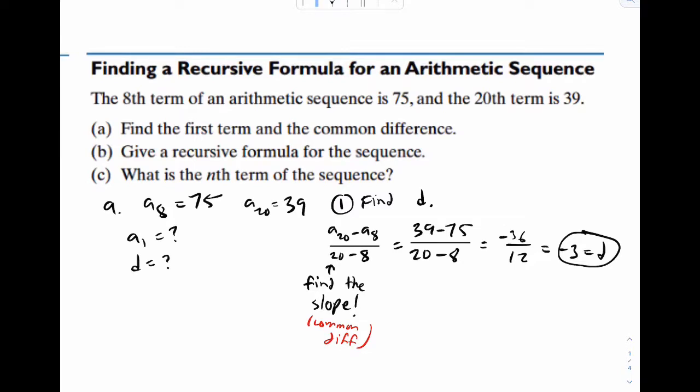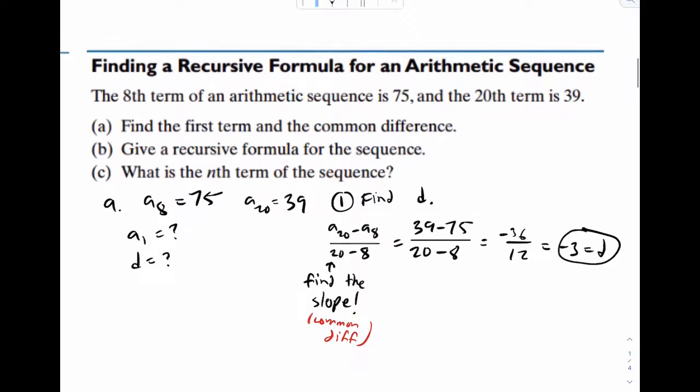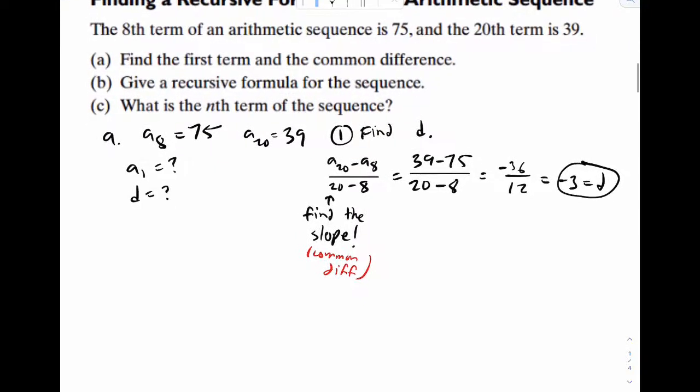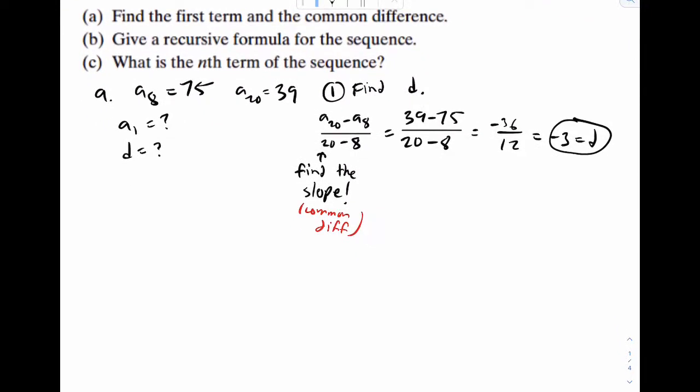But now it says find the first term. So to find the first term, we're going to have to think a little backwards now. Our formula we have is this. A sub n equals a sub 1 plus n minus 1 times d. We just found the common difference is negative 3. And I actually know the 8th term is 75.